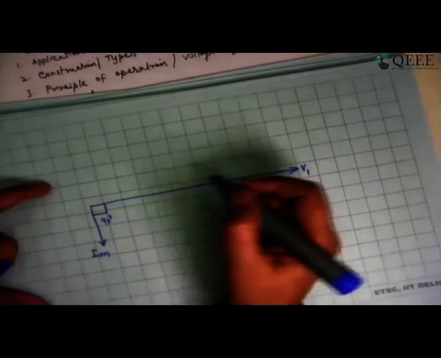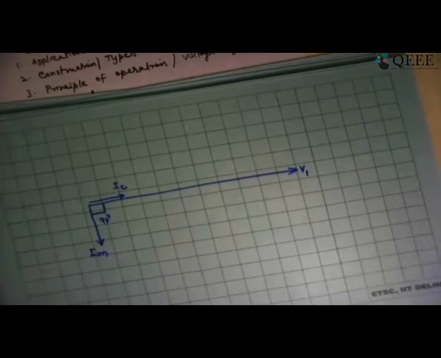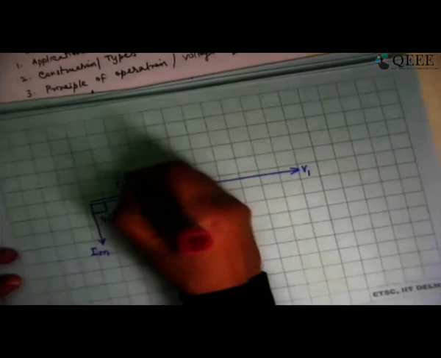If the core is badly designed, I'm going to have a huge amount of eddy current loss and hysteresis loss. So whatever I draw as IC, the core loss component of current, will also be quite a large value. So I have IC as the resistive component of current, which is representing core losses.